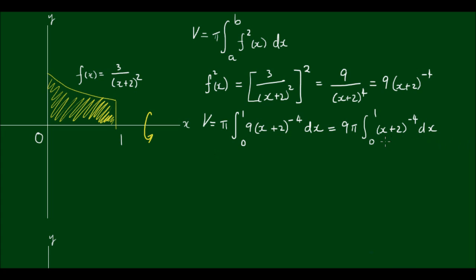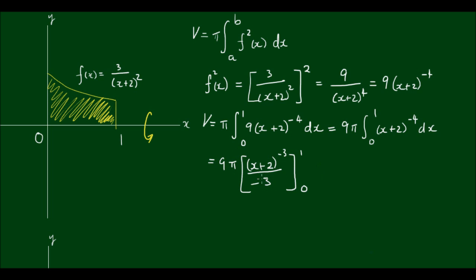Okay, so the antiderivative of (x plus 2) to the power of negative 4 is simply (x plus 2) to the power of negative 3 divided by negative 3, and that is bounded by the upper limit of 1 and the lower limit of 0, and the 9 pi stays at the front as a constant.